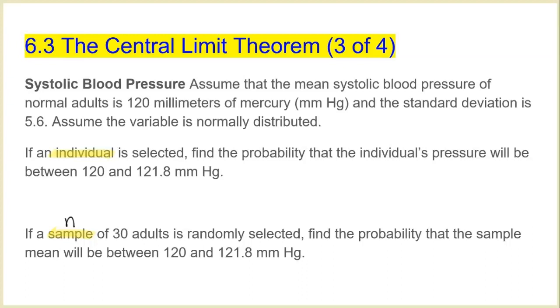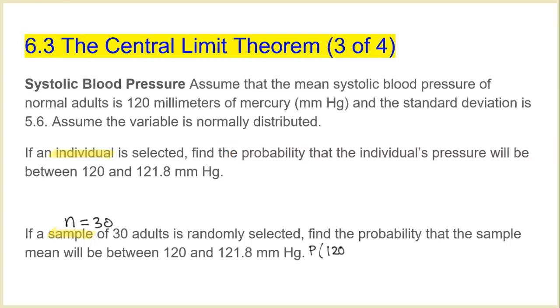So the sampling distribution is normally distributed because the original distribution was normally distributed. If the original distribution was not normally distributed, then we would have to consider whether our sample size is large enough. In this case, the sample size is large enough. It's 30 or more. If it were 15, it still wouldn't matter because the problem tells us that the distribution is normally distributed.